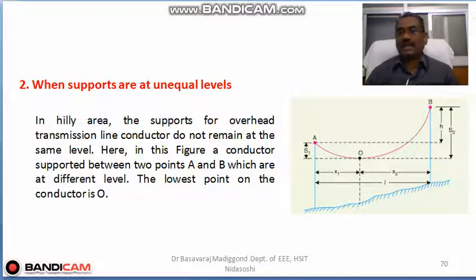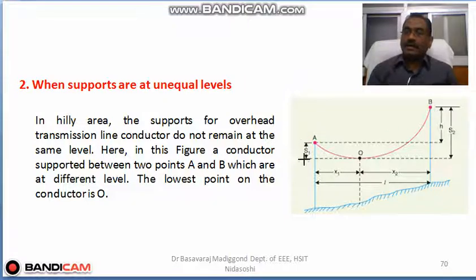The supports may not be at the same level for all cases. For example, in hilly areas, the supports of a transmission line conductor do not remain at the same level. Like here, support A and support B are not at the same level.